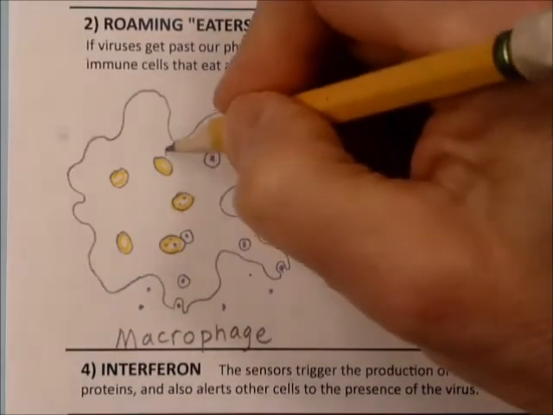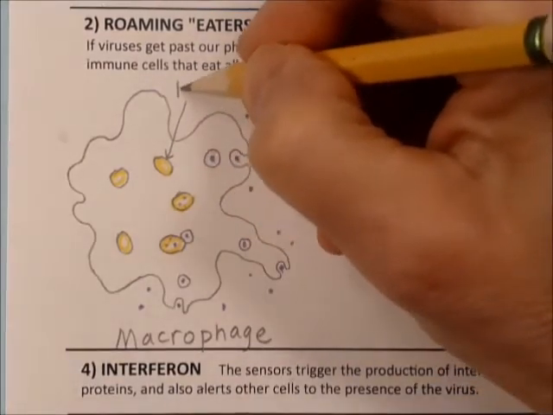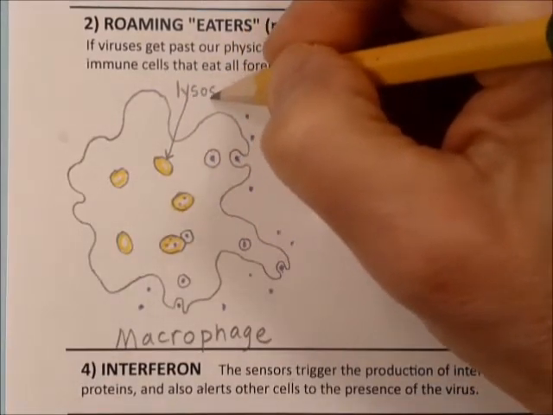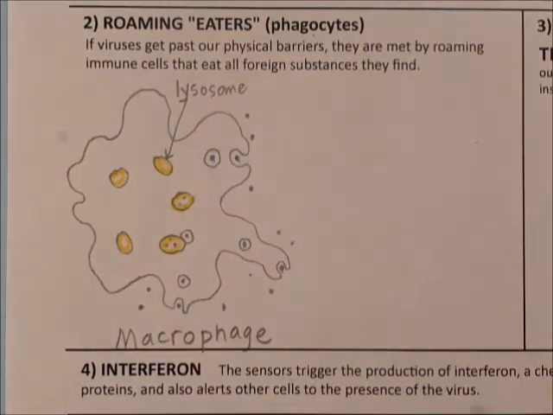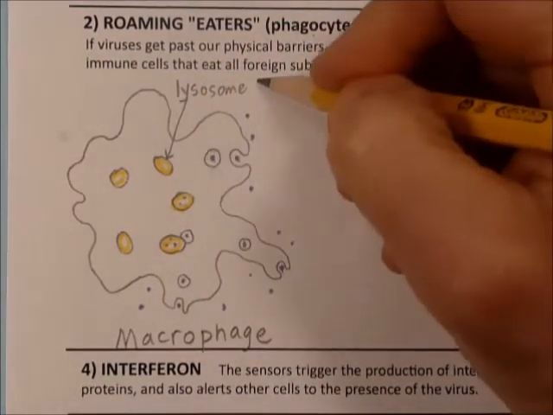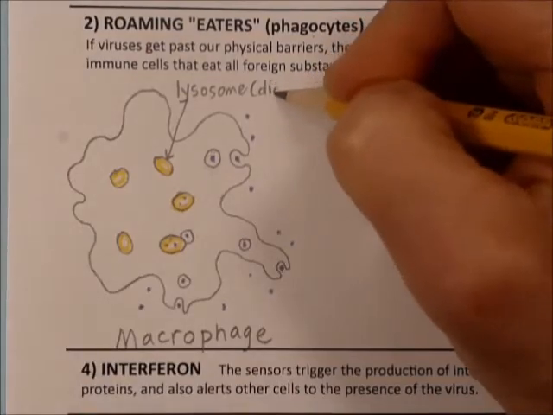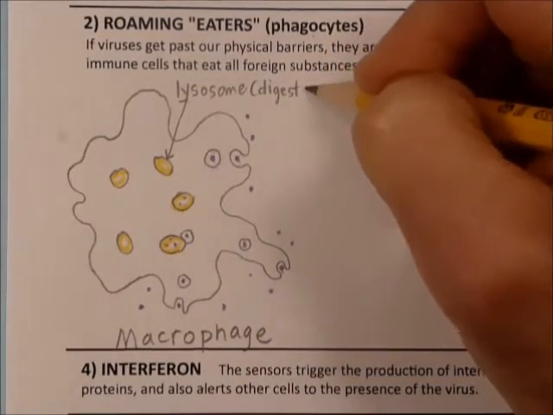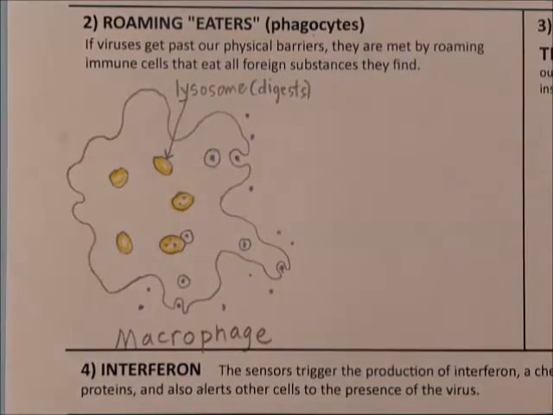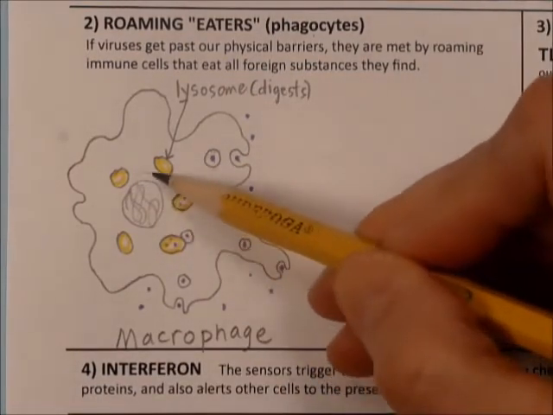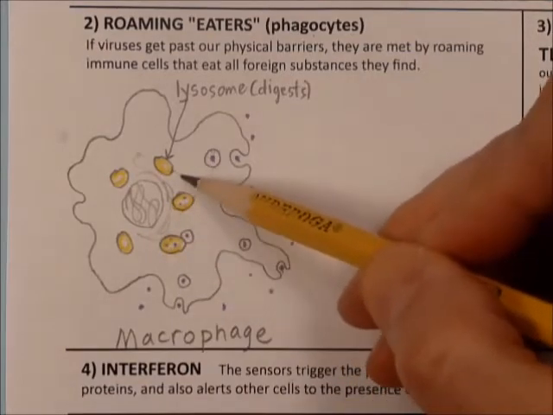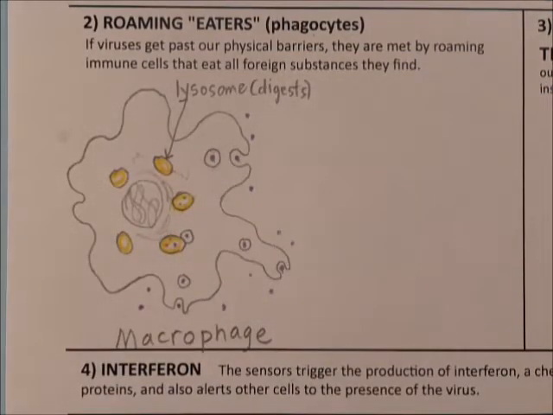And then I'm going to point to this, right, lysosome. And then maybe in parentheses, digests. And if you already know what they are, you don't have to add notes. And of course it would have a nucleus with DNA, and it would have Golgi bodies. It has all the regular cell parts, but I really don't want to take time to draw them.